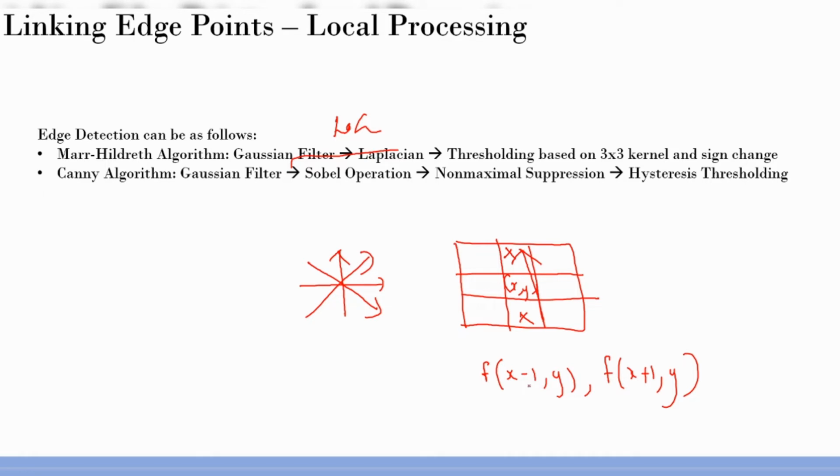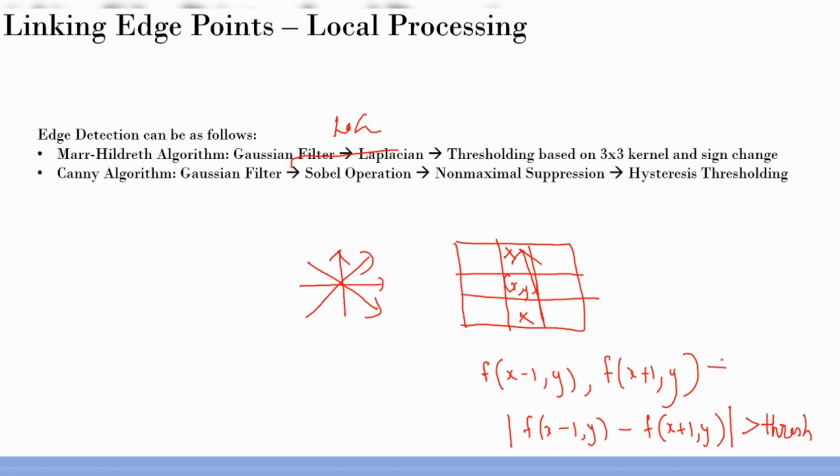Okay, and if there is a sign change, then of course you will also consider the difference between the amplitude or the intensity at these points. So there should be a sign change between these two, and if there is, you see the absolute difference between these two, and that should be greater than some threshold. So this threshold is defined.